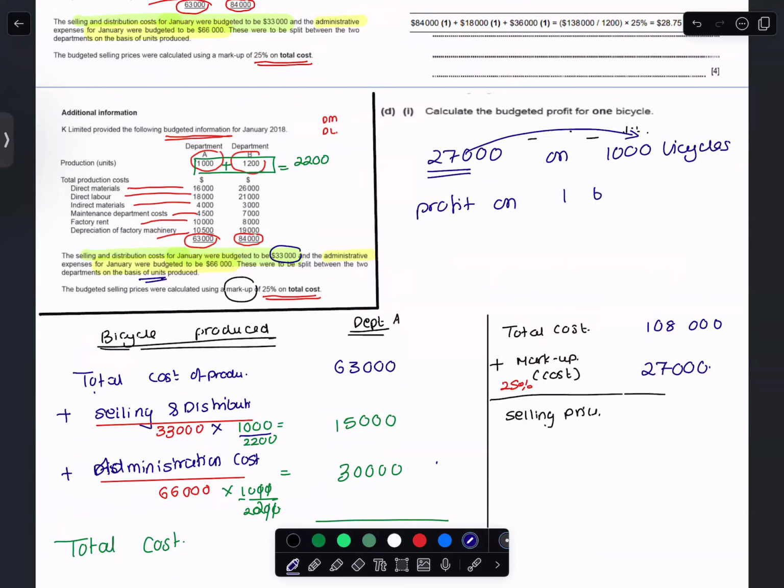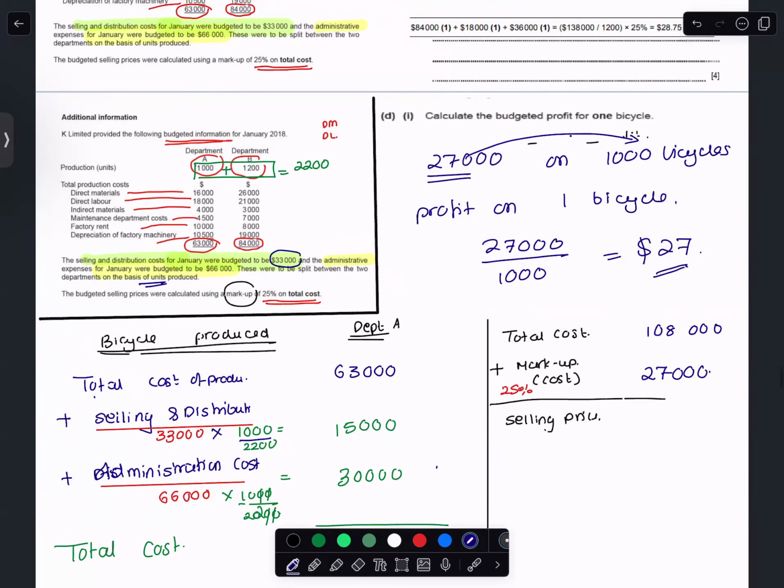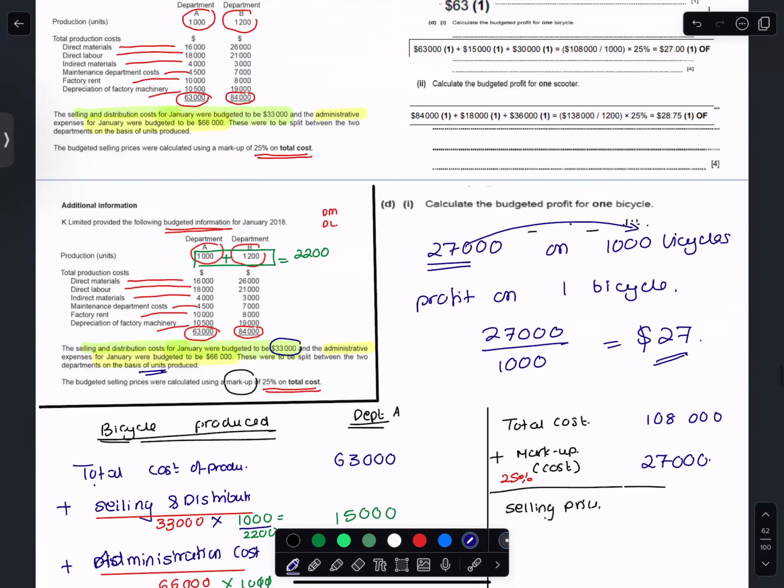Profit on one bicycle is how much? 27,000 divided by 1,000. So profit on one bicycle is $27. Are you with me?